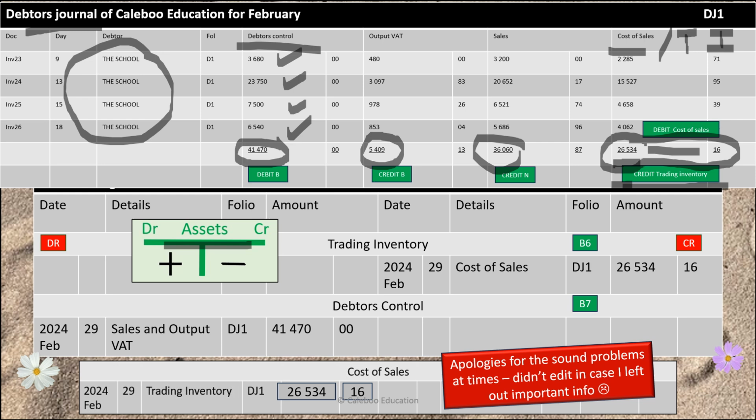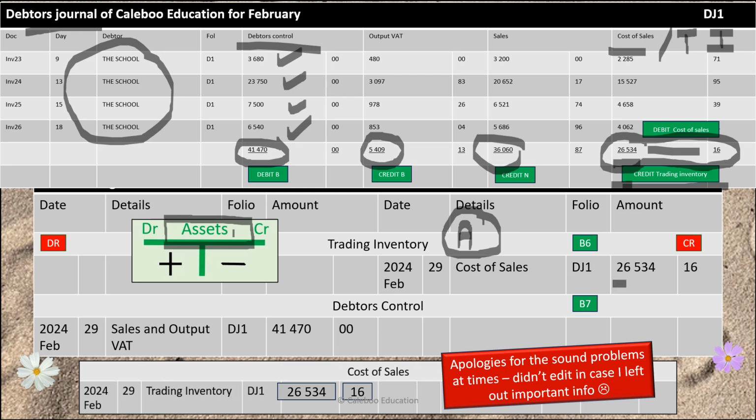Remember, I said you cannot just learn this account was debited and that account was credited, because eventually you will make a mistake. Every time you debit or credit an account, you need to apply the accounting rules. Now, trading inventory, we've learned earlier, is an asset.